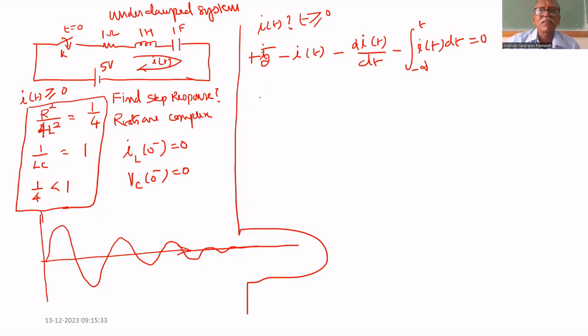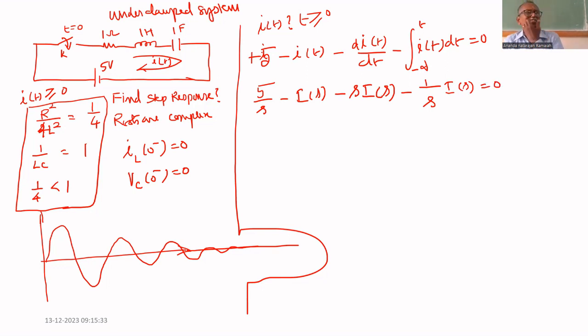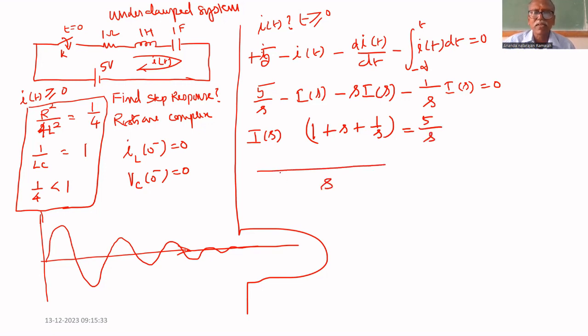That's why if we take Laplace transform, what you will get is 5 divided by S minus I of S minus S I of S minus 1 by S I of S equal to 0, because initial conditions are 0, equal to 5 divided by S. If you take LCM as S, you will get S square plus S plus 1 multiplied by I of S equal to 5 upon S. S getting cancelled.